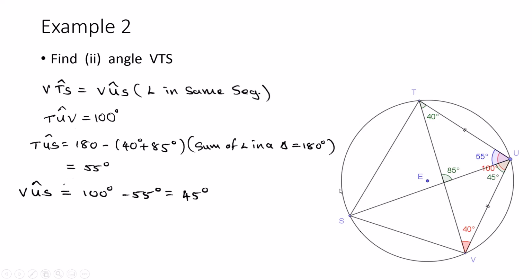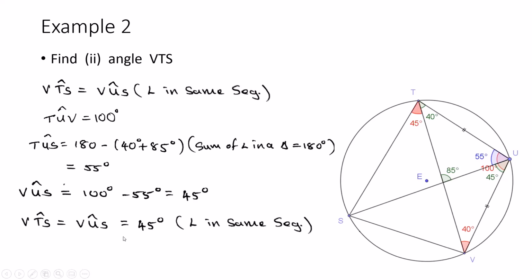We also know that VUS is equal to VTS as they are angles in the same segment. So VTS is equal to VUS is equal to 45 as they are angles in the same segment.